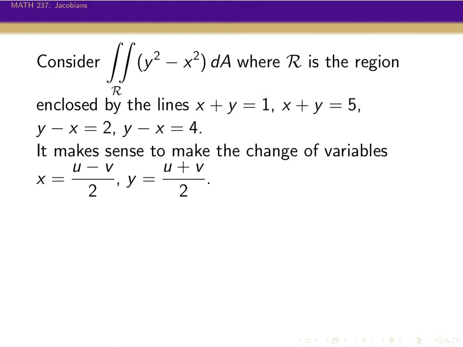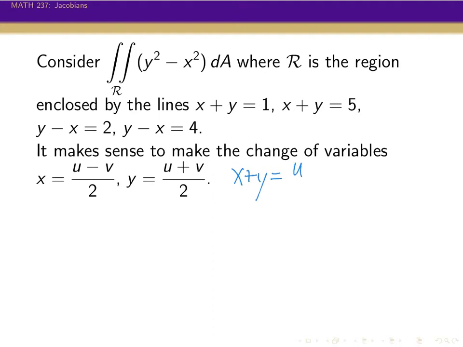And so in this case, the change of variables that we'd want to do works really well. So if we let x equals u minus v over 2 and y equals u plus v over 2, well, look at what happens when we do x plus y.